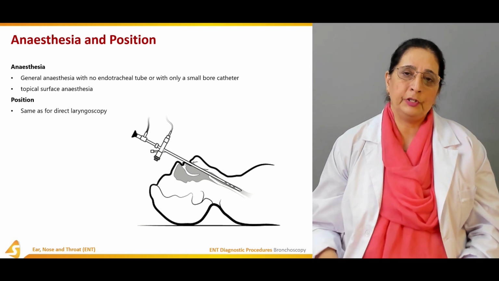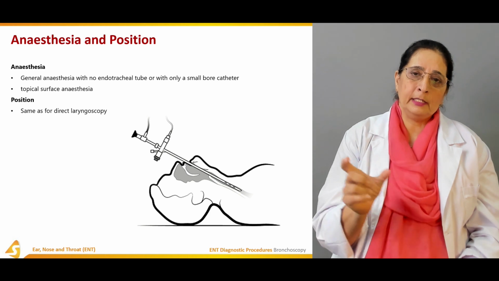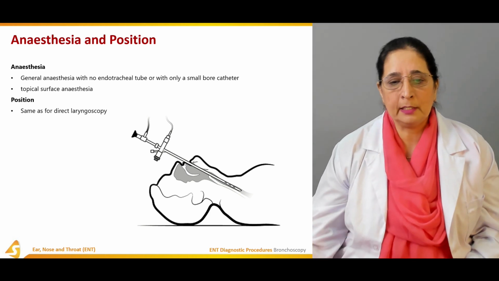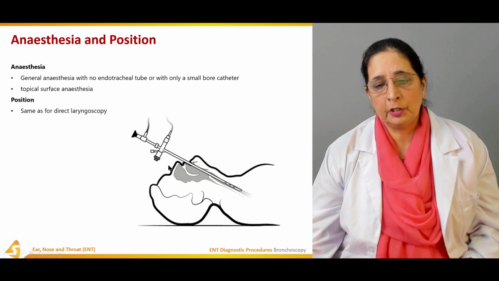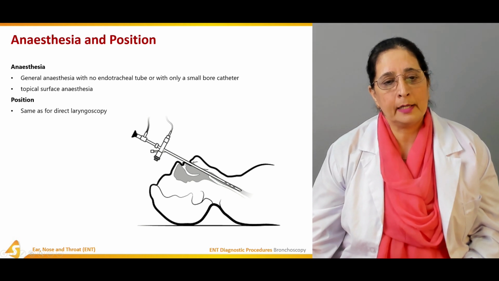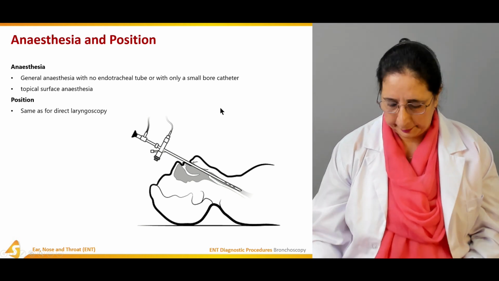So that's the bronchial tree. The trachea divides into right and left, so it's a little far portion. We need to go a little far, and that's done by bronchoscopy.